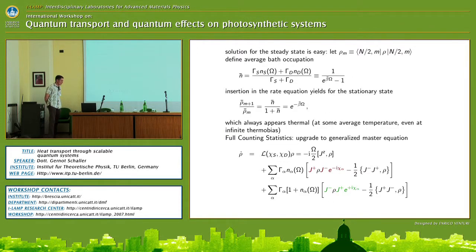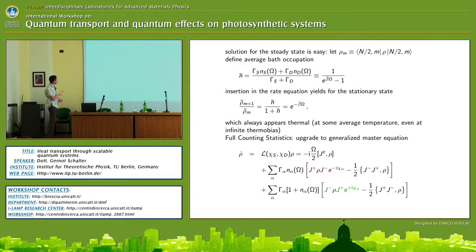So, here it turns out that because we have the symmetry, we can easily solve for the stationary state, namely simply by defining this average occupation as a simple weighted average of the two bath occupations. So it would be the thermal state which you would have if you would couple to a single hypothetical bath that has some average temperature, which you can simply define that way here, right?